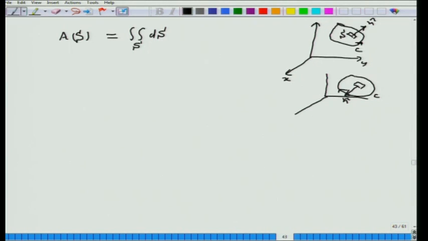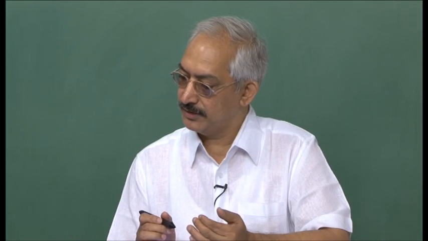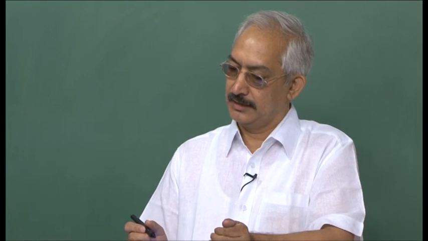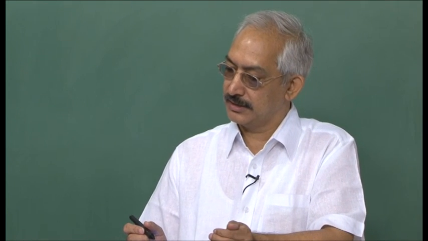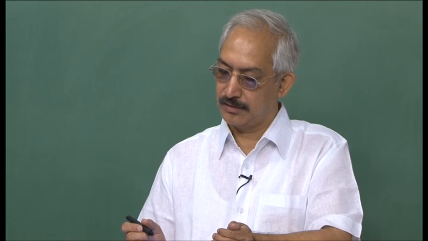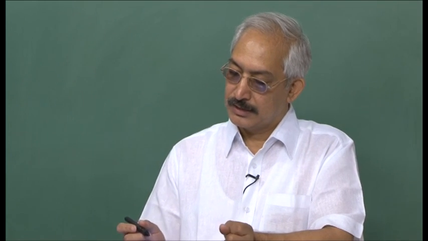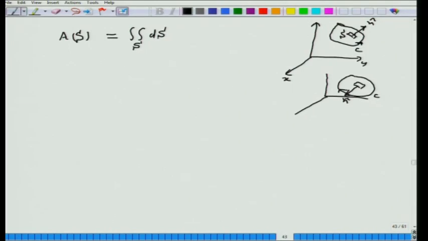So, we need to fix the orientation of the surface at the beginning, and then see which side we are considering as the positive side of the surface. Here we had seen that dS is actually, now if we parameterize S as the position vector of this point P here, like this.